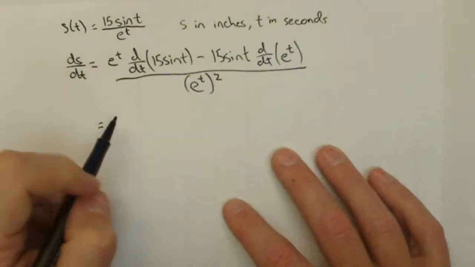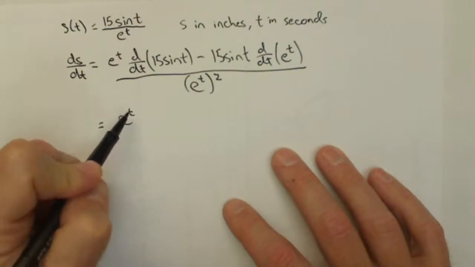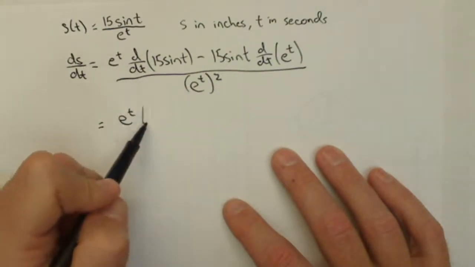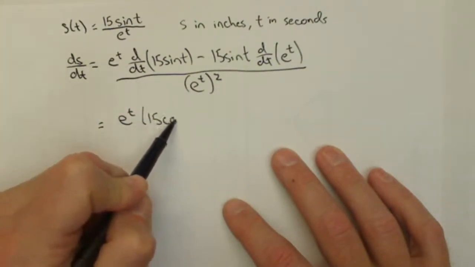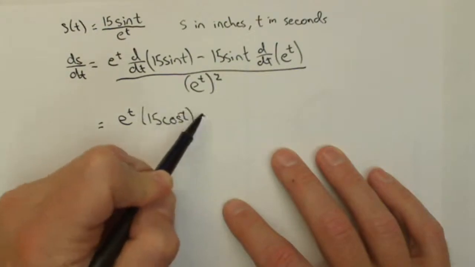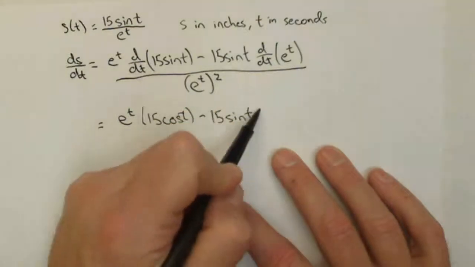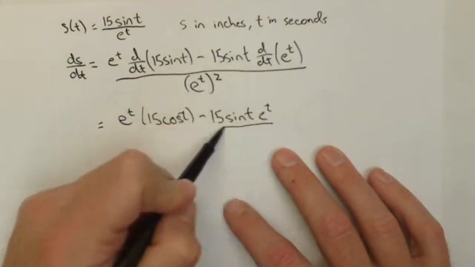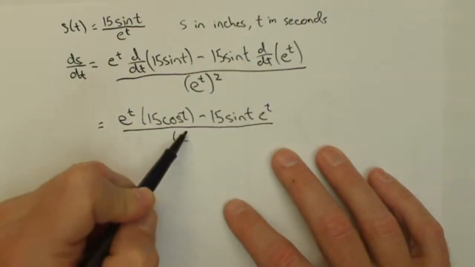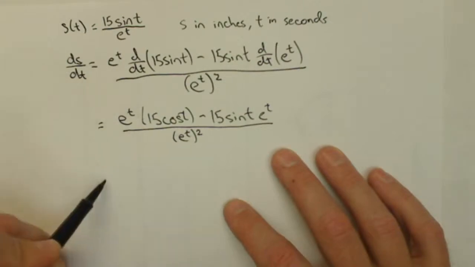So this should be a pretty quick calculation. We have e to the t, the derivative of 15 sine t is 15 cosine t, minus 15 sine t, and the derivative of e to the t is just e to the t, all over e to the t squared.